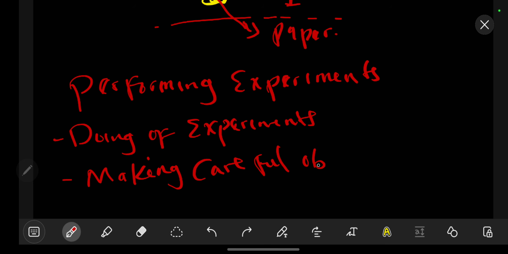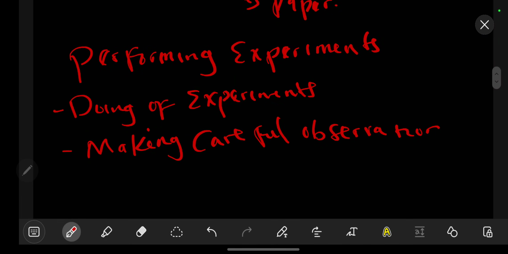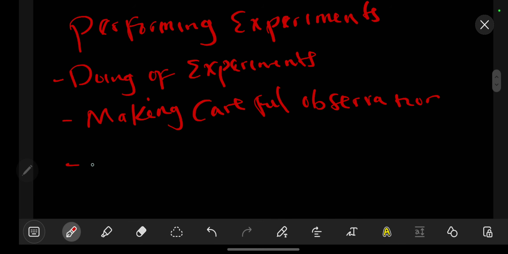So while you're doing your experiment, you should be able to make careful observations so that you are able to see what is happening as you are doing your experiment. Now, when you're doing an experiment, there should be recording of information. So recording of information.